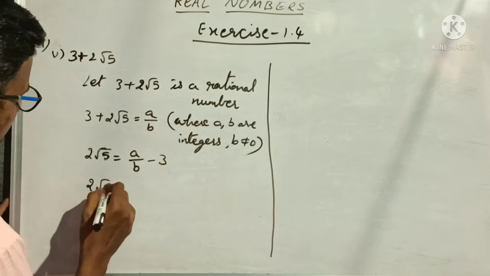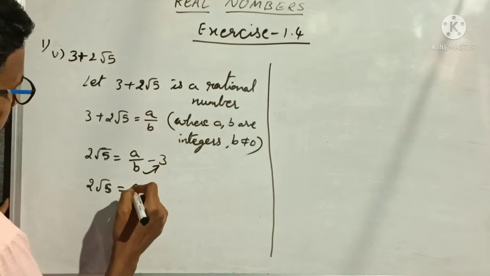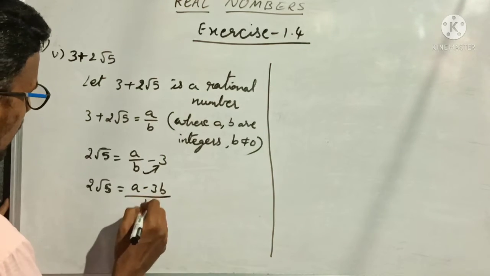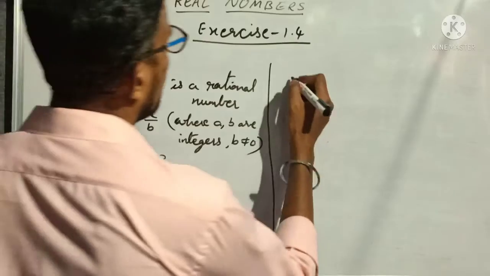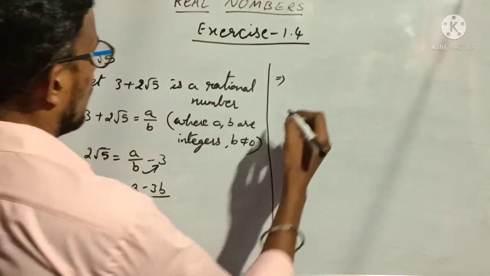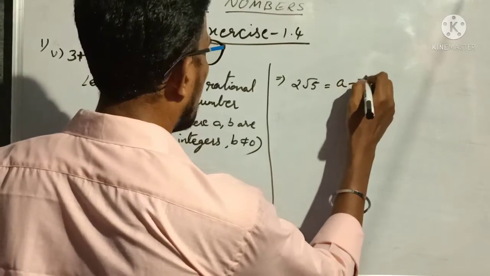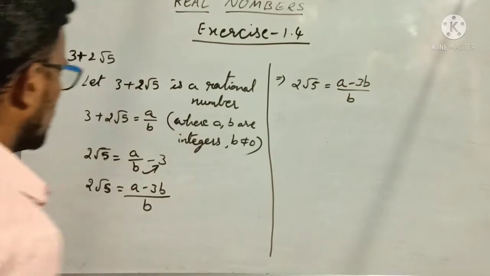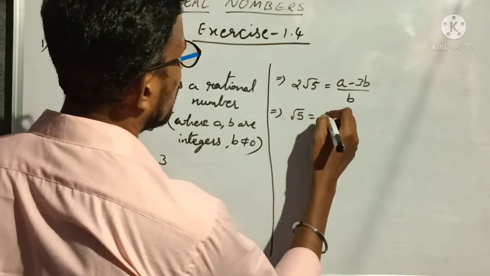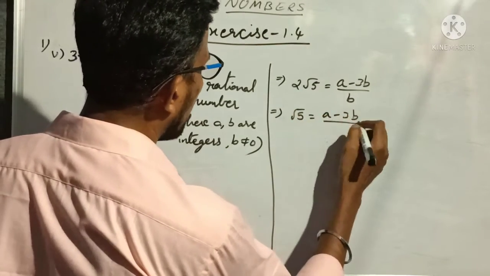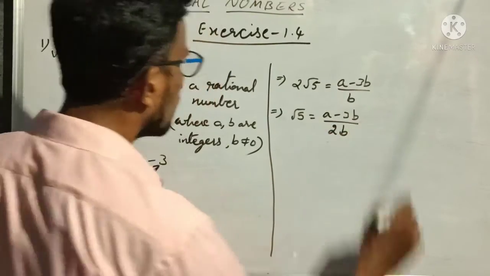So 2 root 5 is equal to, so this b becomes multiplied here. So a minus 3b by b. Okay. So this implies 2 root 5 is equal to a minus 3b by b. This implies root 5 is equal to a minus 3b by, here numerator is there, this becomes denominator, so 2b.